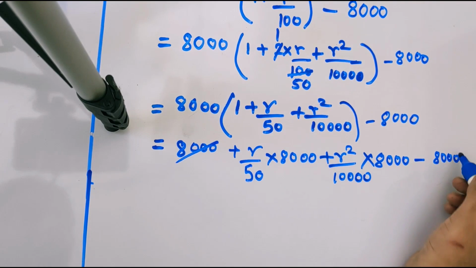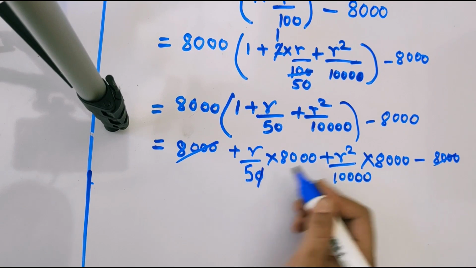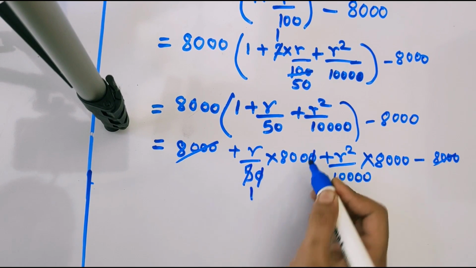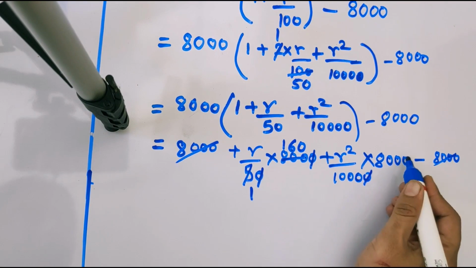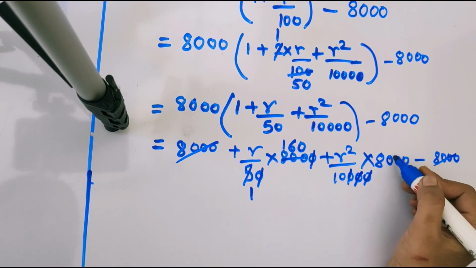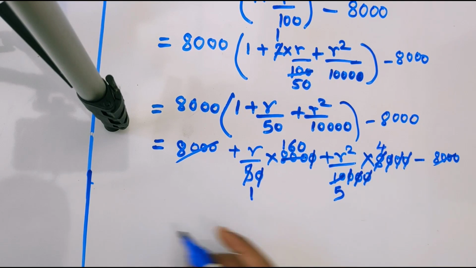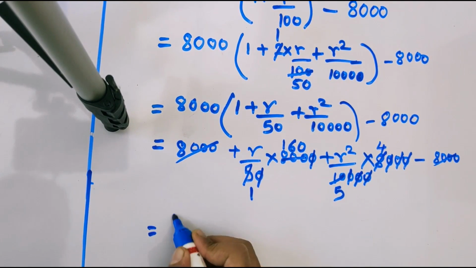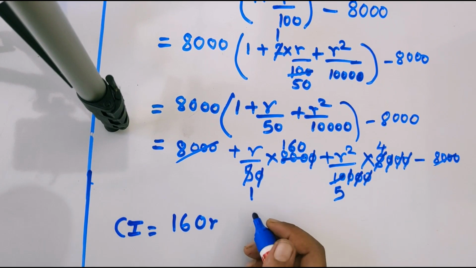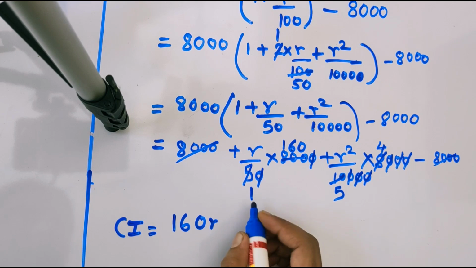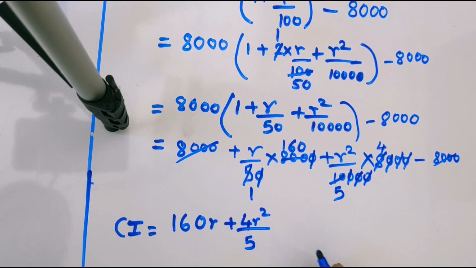Now this 8,000 and this 8,000 will get cancelled, plus 8,000 and minus 8,000. The zeros are gone, 2 fives are 10, 2 fours are 8. So we remain with 160 into r, that is 160r. This is our compound interest, plus 4 into r square, that is 4r square upon 5.